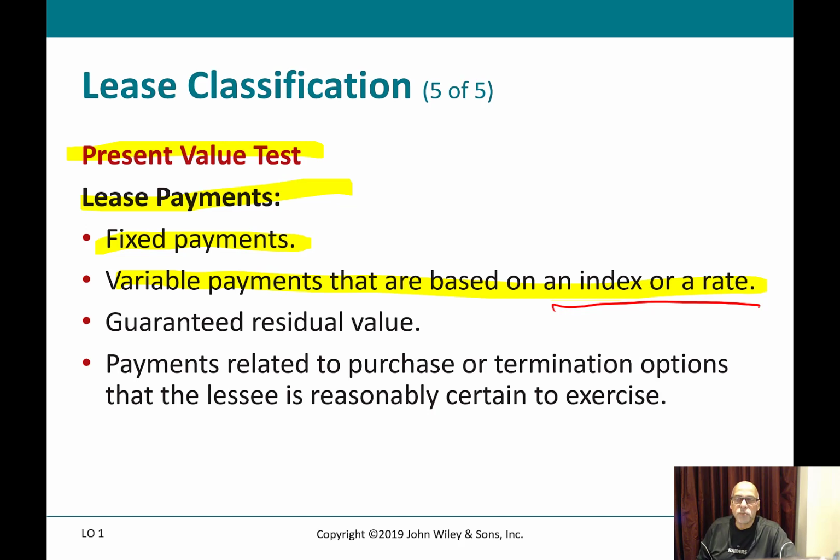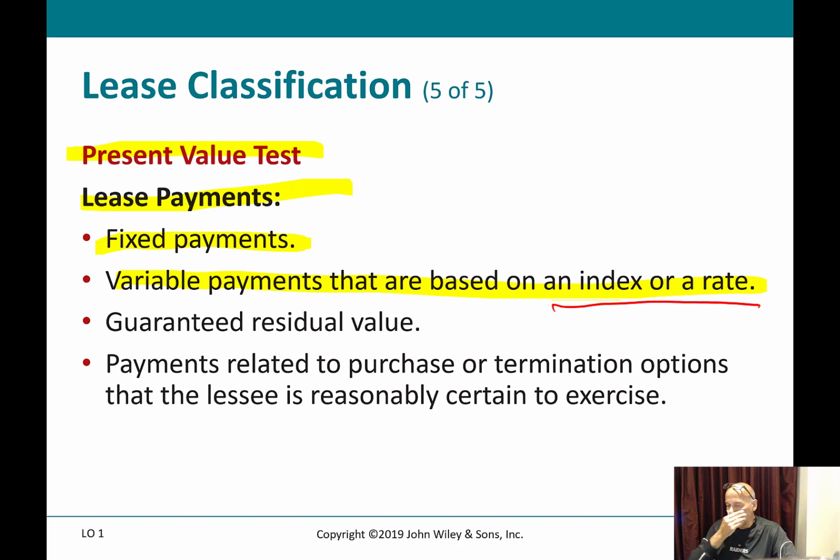If there's a guaranteed residual value, we pick that up in order to determine the present value of the lease payments. So a guaranteed residual value says, you guarantee me that this property is going to be worth $5,000 at the end of the lease term.